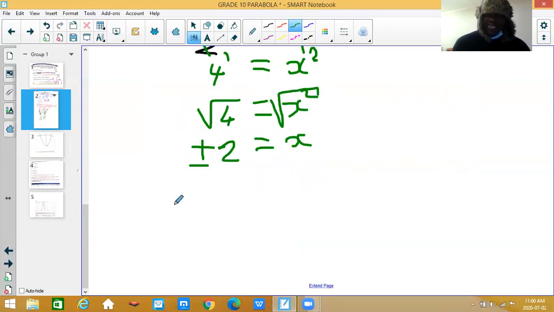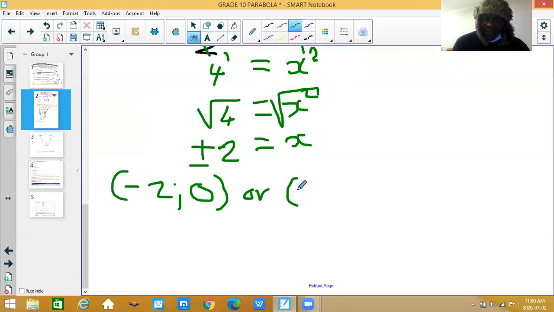It means to say the points that we have, when x is minus 2, y is going to be equal to 0, because this is the x-intercept. Or when x is equal to 2, y is equal to 0.